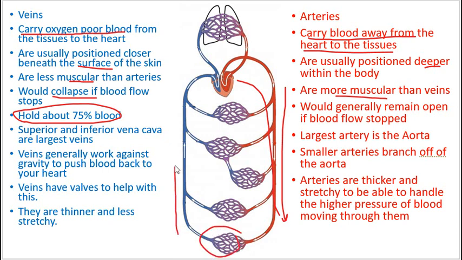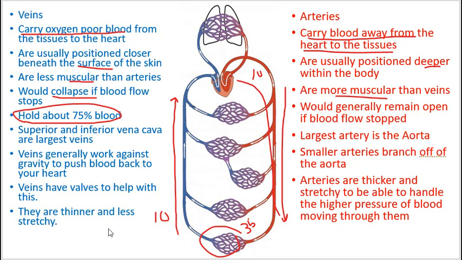After the exchange, this blood has to go back up. Not only that, the pressure, let's say that the pressure over here was about 100. By the time it gets over here, the pressure is approximately 35. When it gets right to the veins, the pressure drops as low as 10. Not only has the pressure dropped, but this blood is going uphill. So it has a lot of problems.